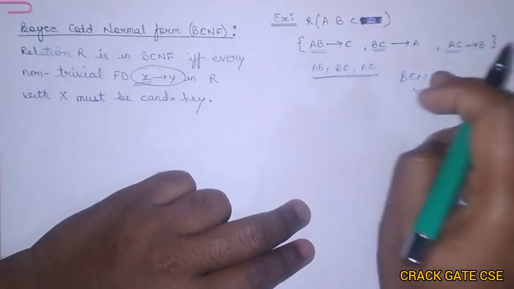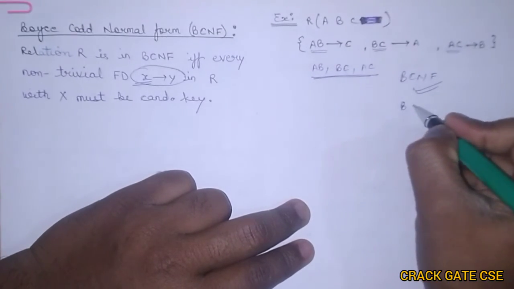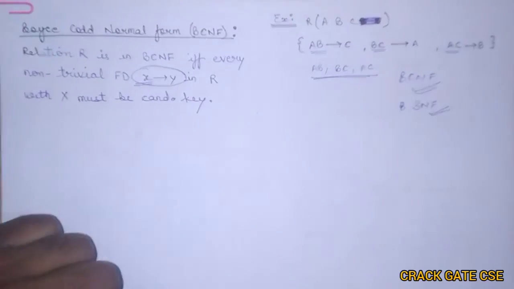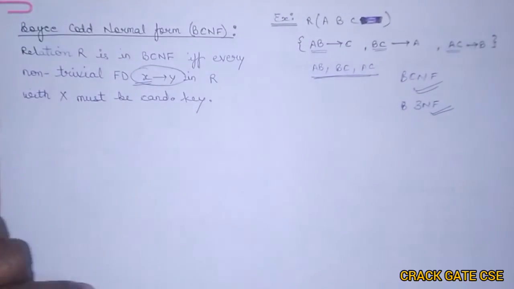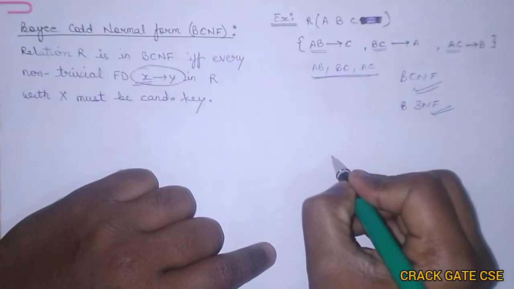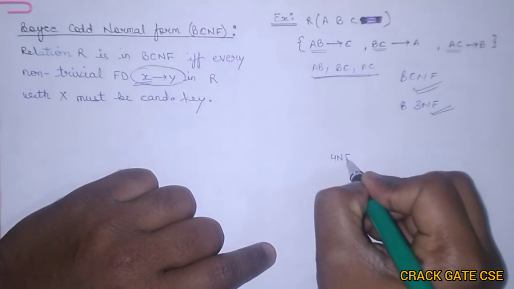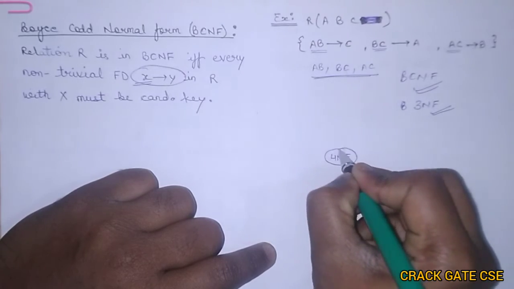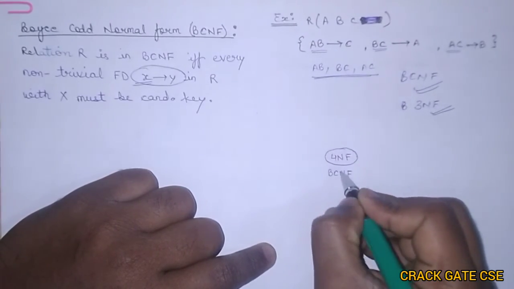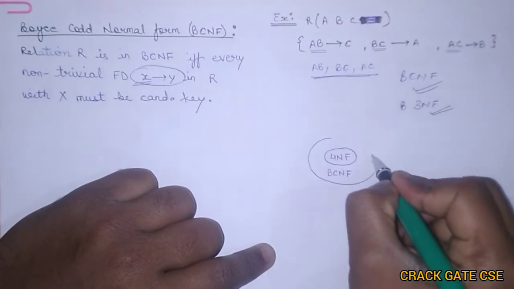So if it is in BCNF, it will also satisfy the condition of 3NF, right? So there is a particular image. Let me tell you that, so this is the image. If it is 4NF, then it is BCNF also.